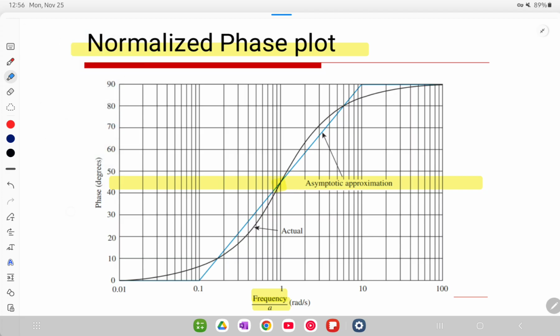This blue line that you see goes right through 45 degrees, but that's happening at 1. So you need to start at a point like divided by 10, 1 decade before and 1 decade after. Then your asymptote will look like this.